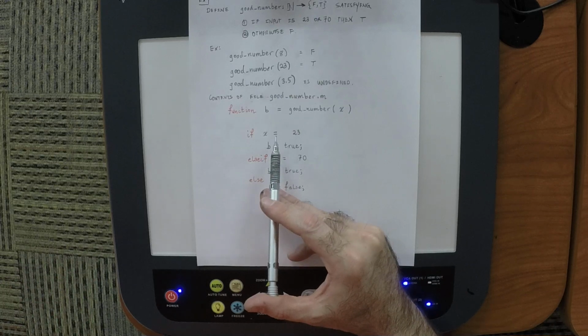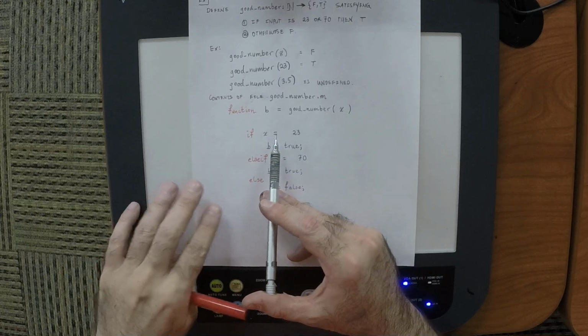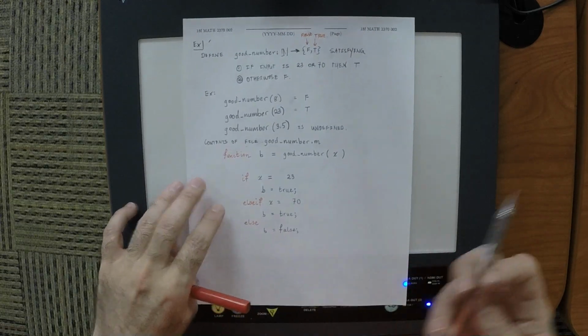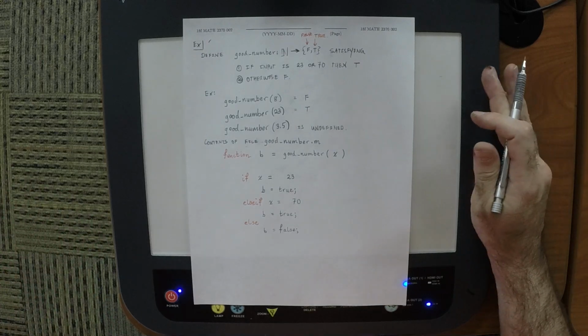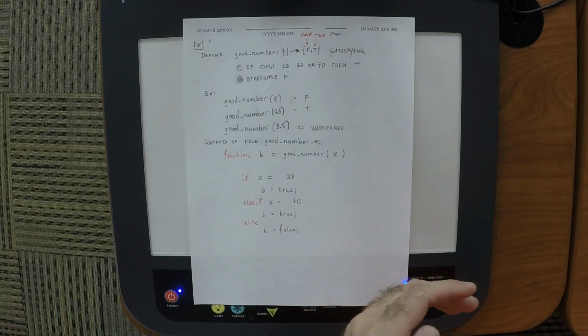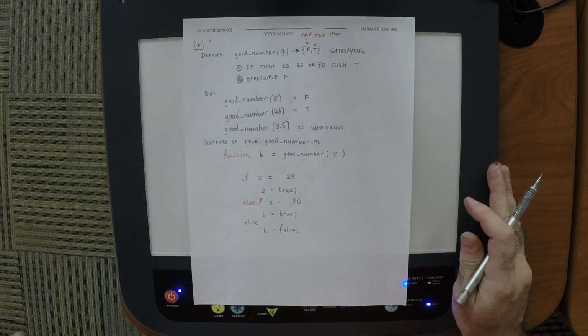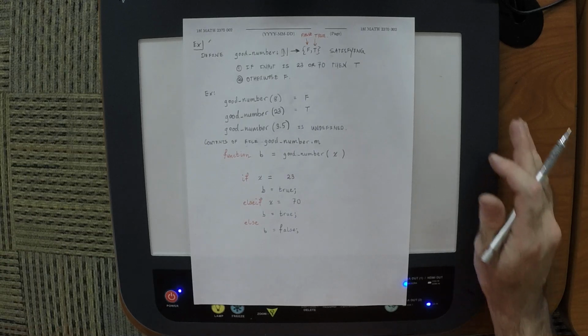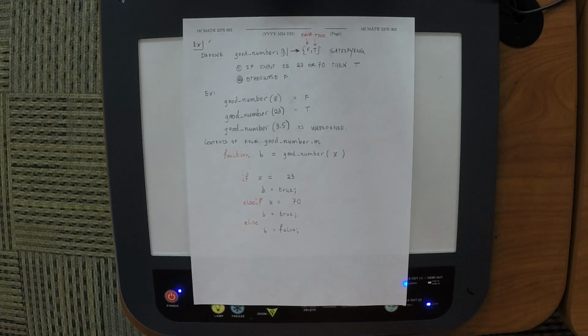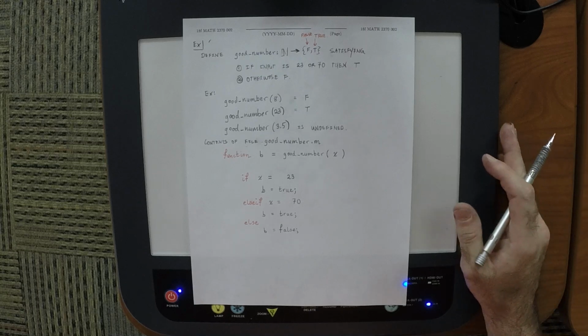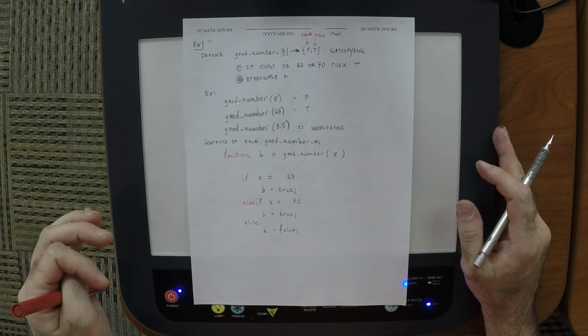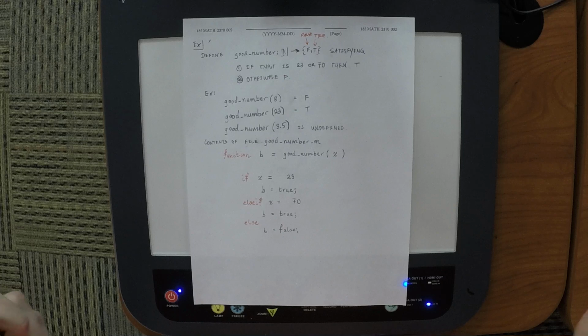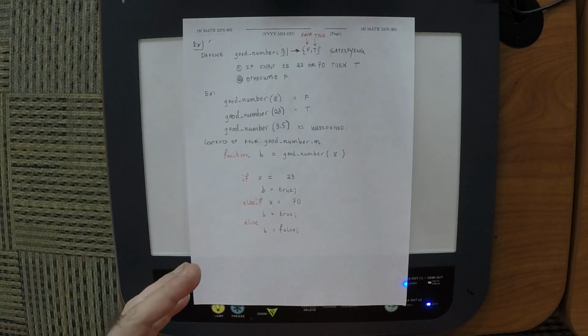Remember that in math, the symbol equal means different things depending on the context. When you're reading math and it says something like let x equal 4, that means that from now on when I say x, you are to interpret that as meaning 4. That kind of thing is called assignment. You're assigning the name x to have the value 4.